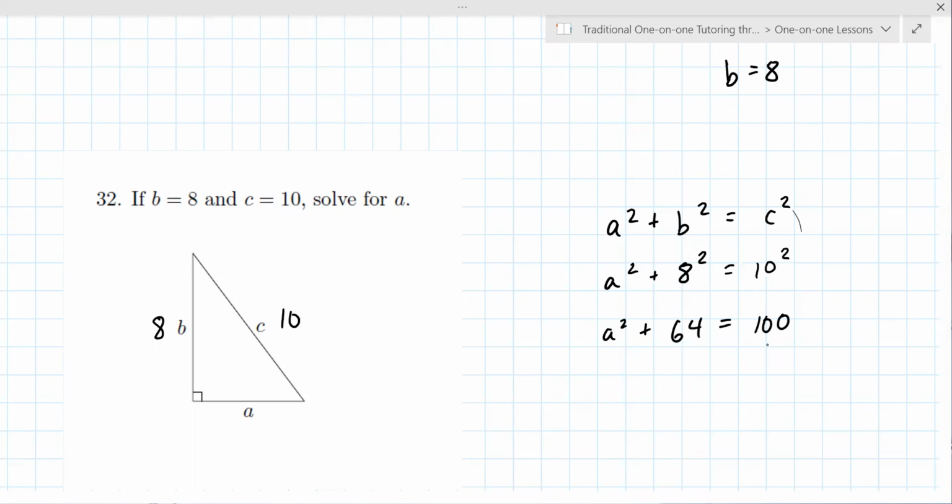Okay. So for that, 64 and 100, you need to just subtract 64 on both sides. Exactly. Yes, perfectly said.